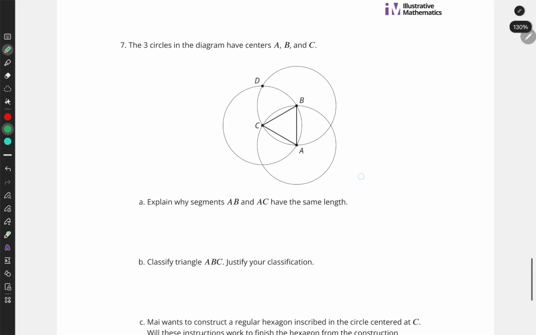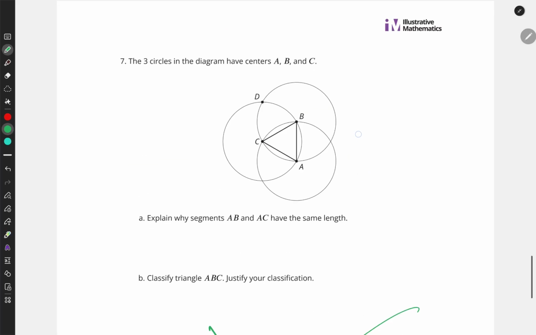This one was extra credit. But for this, it's the same concept as I explained in question number 1. Explain why segments AB and AC have the same length. So that is this one and this one. Well, they are both radii, right?